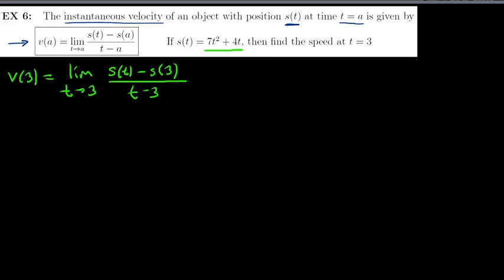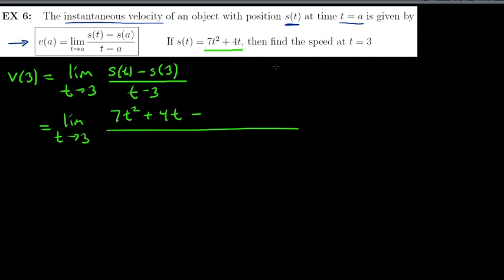So how do we evaluate this limit? Well, the first thing we should do, of course, is replace s of t with this function. S of t is given: it's 7t squared plus 4 times t, minus s of 3. Now, what's s of 3? We can do that separately up here. Just replace t with 3: 7 times 3 squared plus 4 times 3.